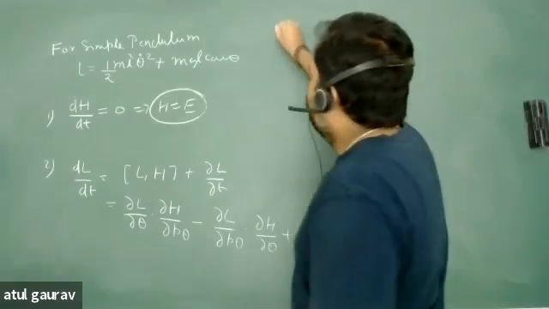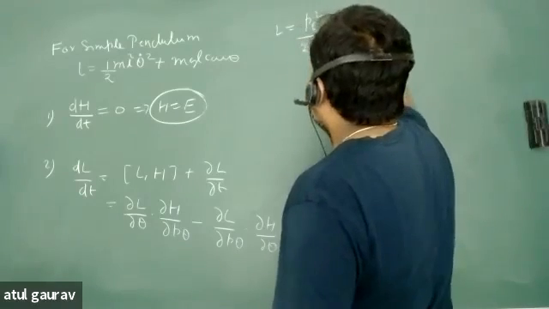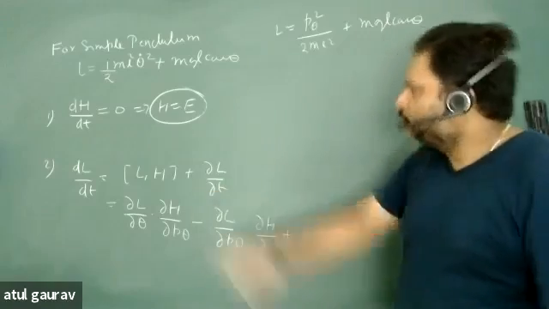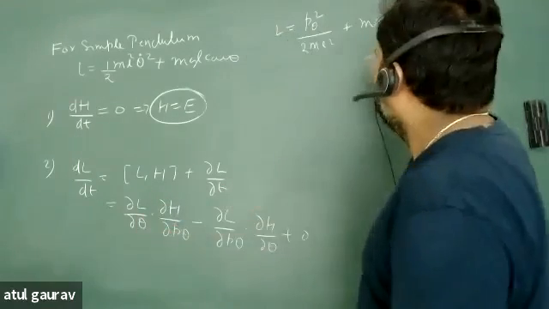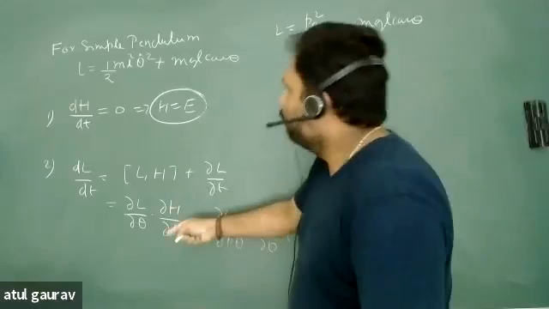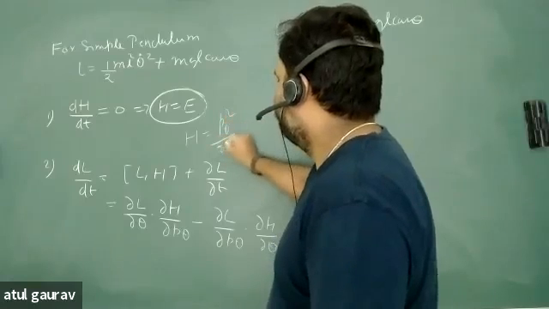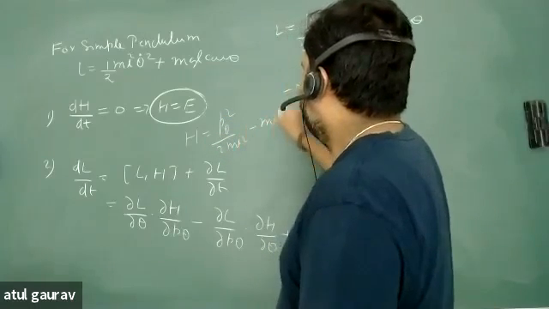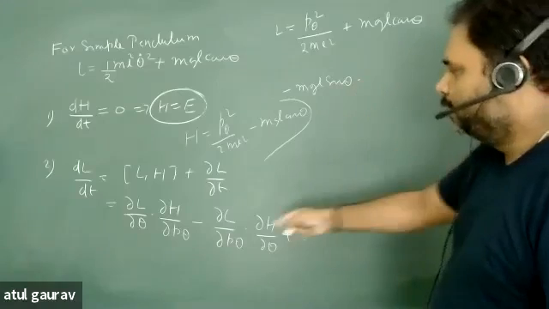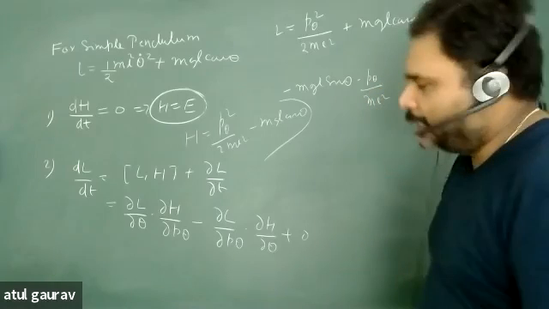We have L as p_θ² upon 2ml² plus mgl cos θ. Let's go for this. ∂L/∂θ is minus mgl sin θ. For ∂H/∂p_θ, we have H written as p_θ² upon 2ml² minus mgl cos θ. So ∂H/∂p_θ is equal to p_θ upon ml².